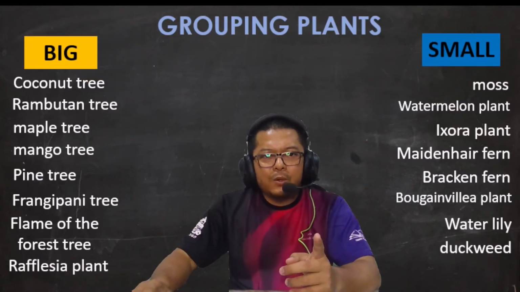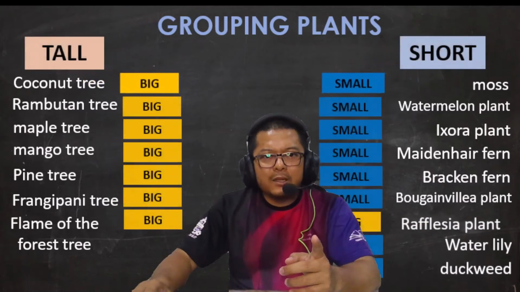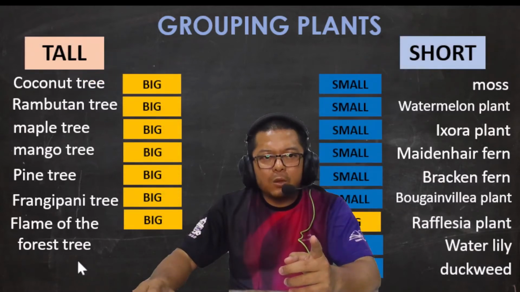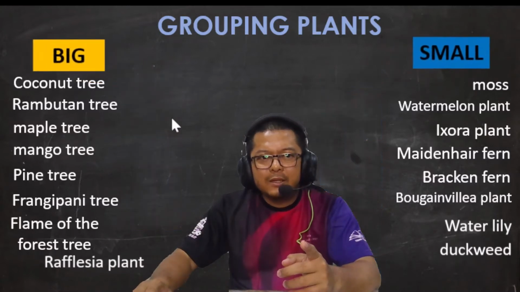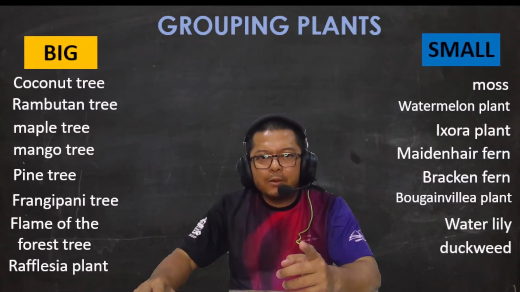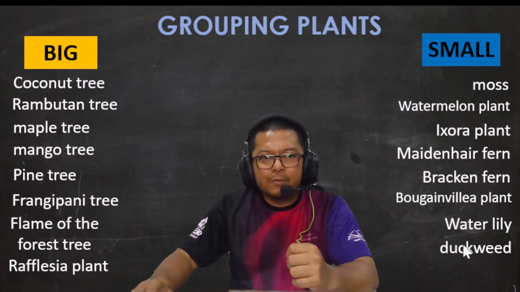If you compare this and this, now this is the tall group and this is the short group. We can also group this like this. So this is the big group and this is the small group.